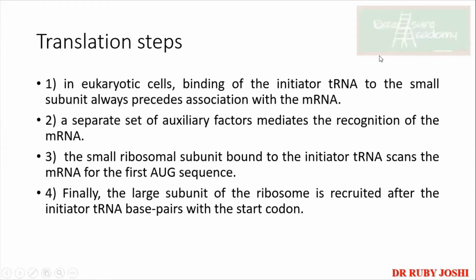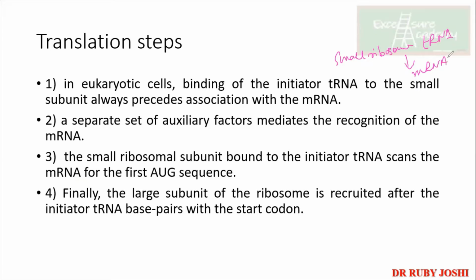Now, what are the translation steps? In eukaryotic cells, binding of the initiator tRNA to the small subunit always precedes association with the mRNA. So the first step is that the small subunit of the ribosome plus tRNA comes first, and after that the mRNA comes.